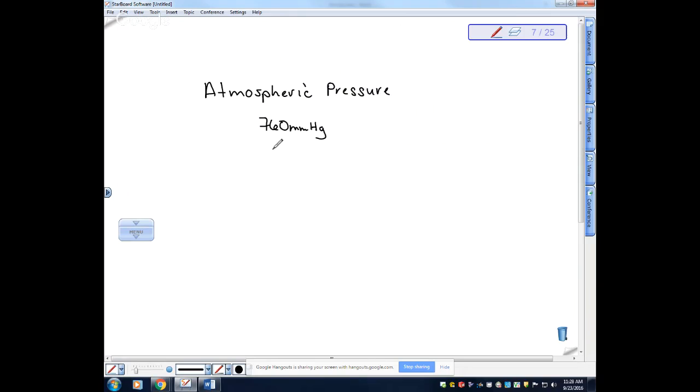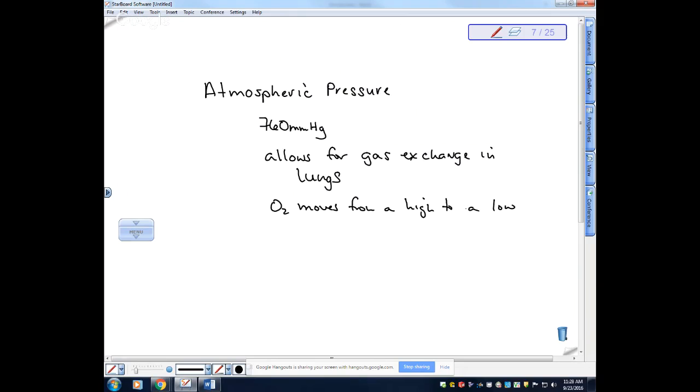So this allows for gas exchange in the lungs. So oxygen moves from a high to a low pressure, right? So if your oxygen levels are too low, say you're climbing a really high mountain, you're not going to be able to get enough oxygen into your body to fuel cellular respiration.